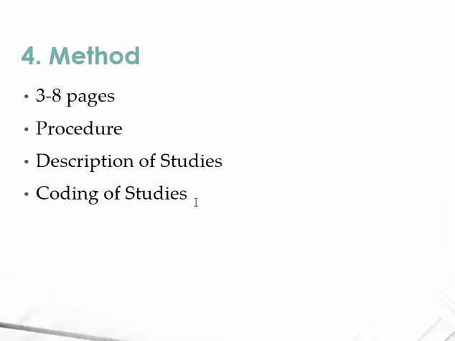Typically, you should code each paper based on the sample that it's focusing on, the size of the sample, the methodology used, the focus, and other features that you can look at in the website. That will allow you to get a big picture of the kinds of studies that you've collected, and then you can communicate that in the methods section.